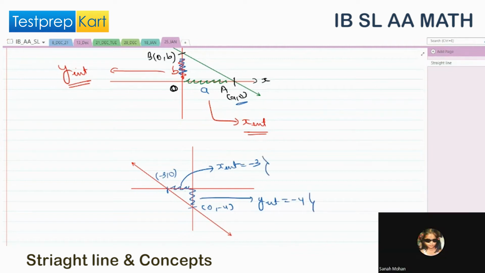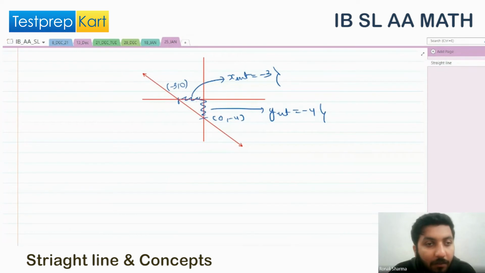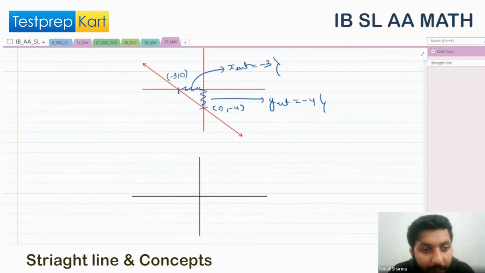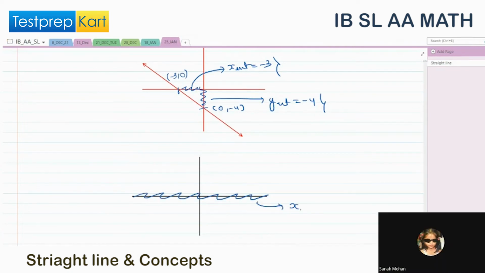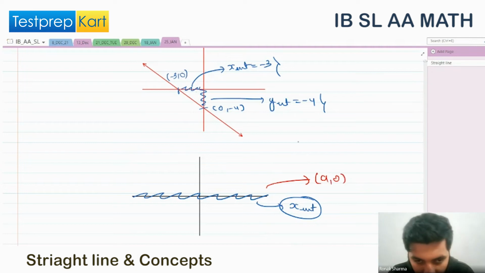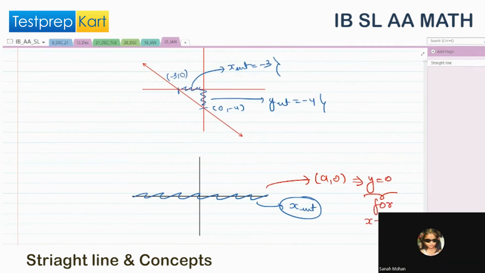Now, see, you can see one thing. If we talk about x-intercept, that will be on the x-axis, right? Now, any point on the x-axis is of this form, that means y is always 0 for the x-axis.